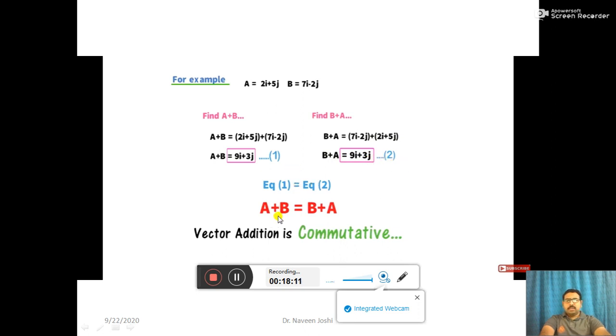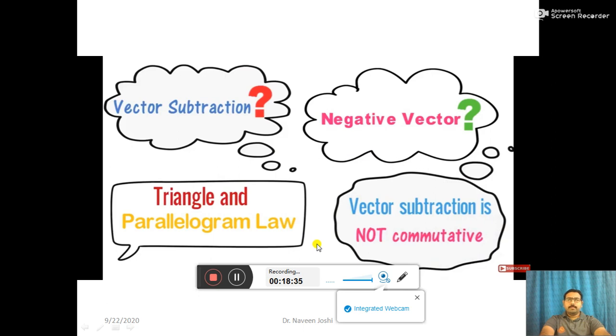If you compare equations 1 and 2, 9i plus 3j is equation 1 and 9i plus 3j is equation 2. The same result in both equations, therefore equation 1 equals equation 2, that is A plus B equals B plus A. Vector addition satisfies the commutative law.